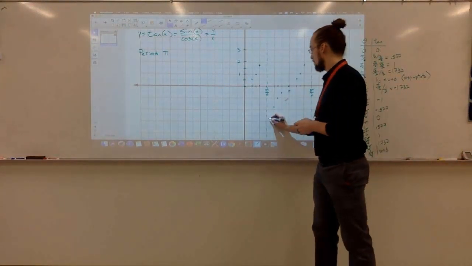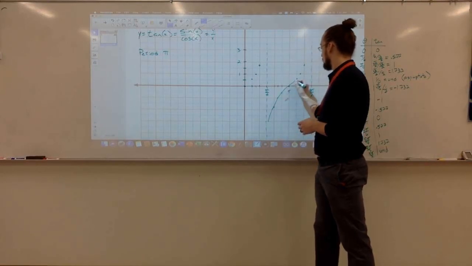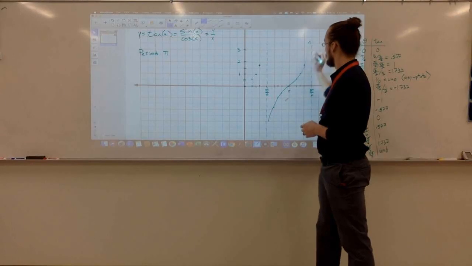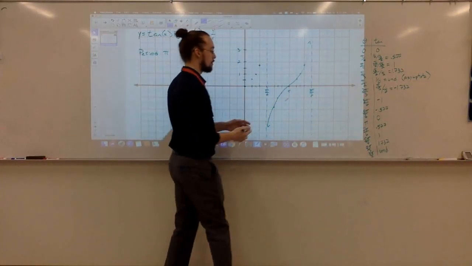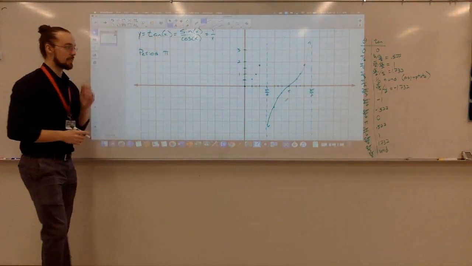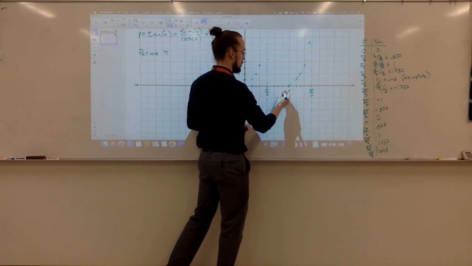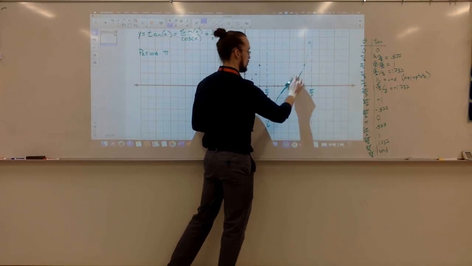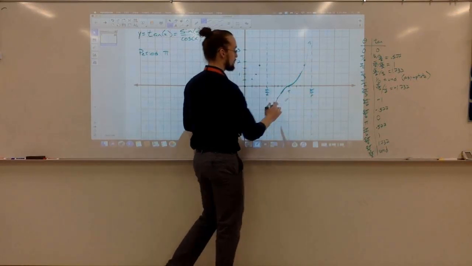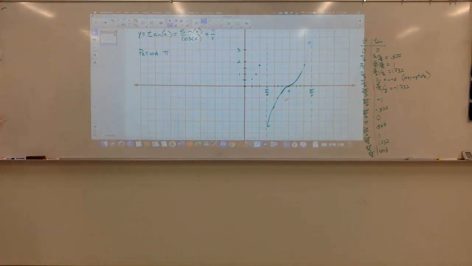Now, if we start to connect these dots, we get something that looks like this. Right? So one period of tangent looks something like this. Actually, it kind of levels off a little bit more than that.